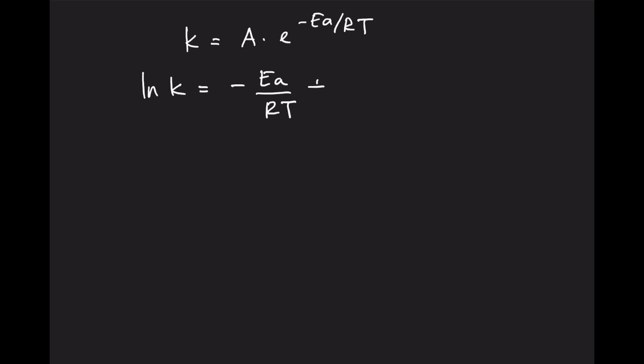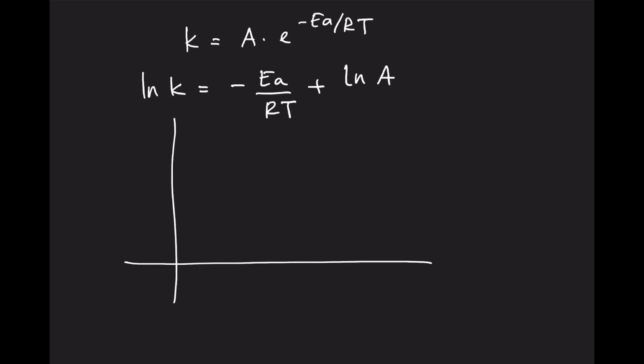If we revisit the Arrhenius equation, we can also take the natural logarithm of both sides. So we have ln k equal to minus Ea over RT plus ln A. In this case, we can plot ln k as the y-axis and 1 over T as the x-axis.